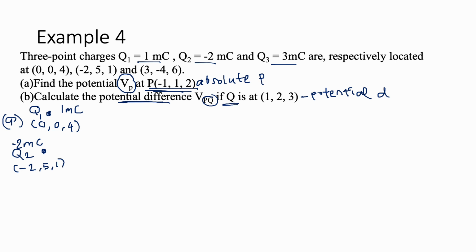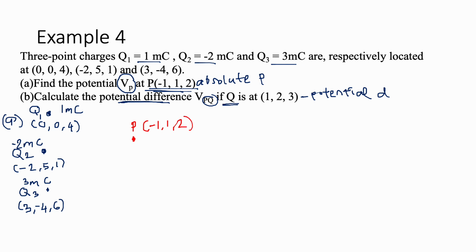Another point is Q3, at (3, -4, 6), where the charge is given as 3 milli. We need to find the potential at point P, where point P is given as (-1, 1, 2).